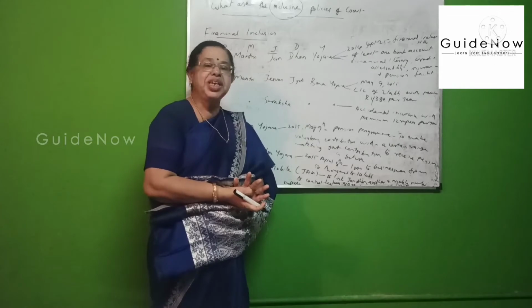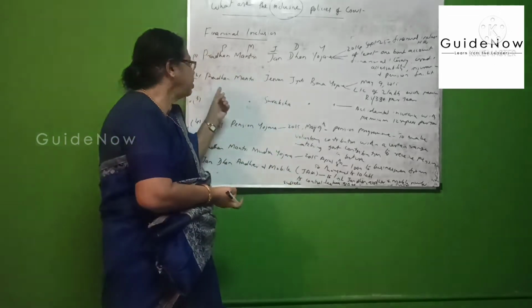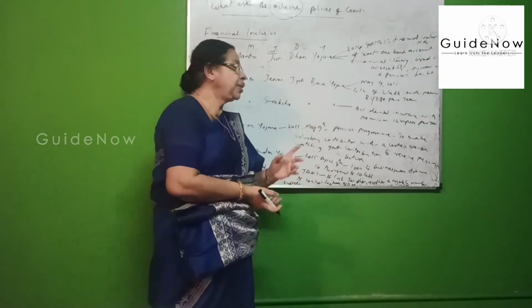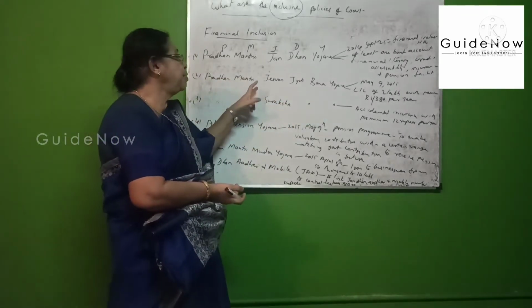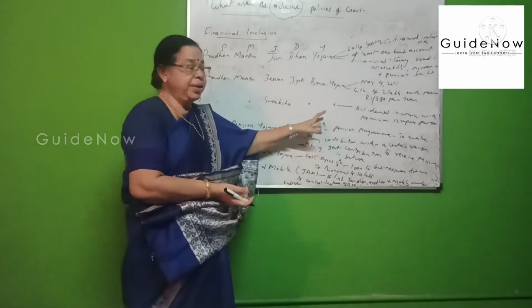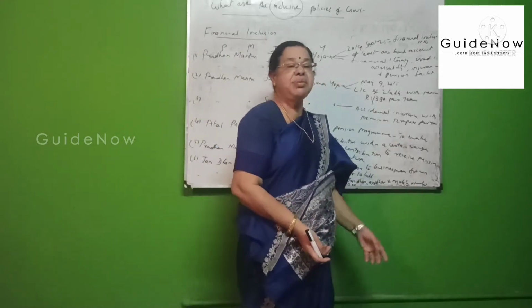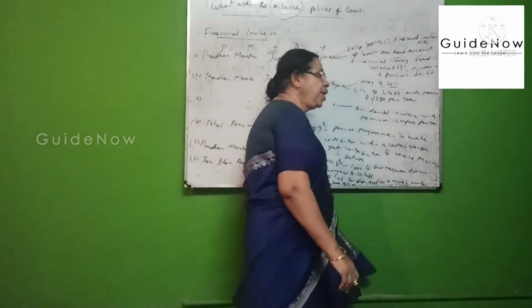That is the first scheme introduced in financial inclusion. The second is Pradhan Mantri Jeevan Jyoti Bima Yojana, PMJJBY. This scheme started on 9 May 2015.